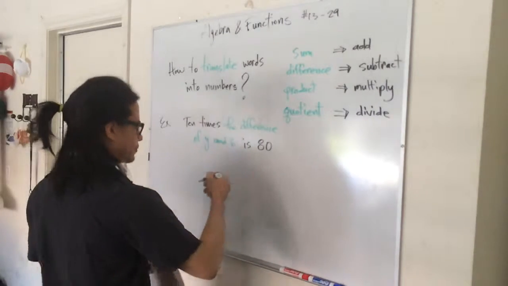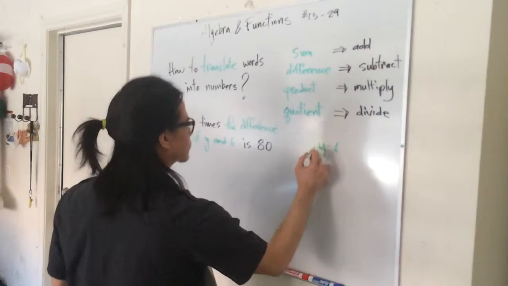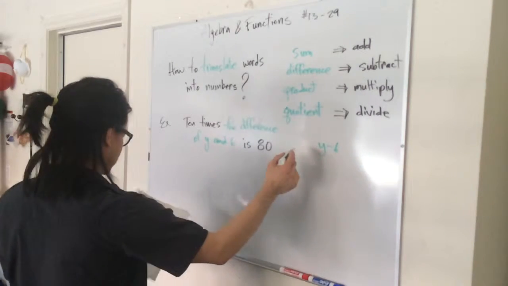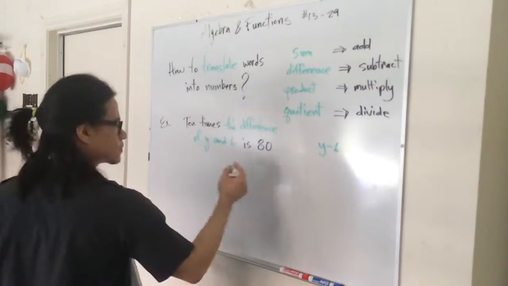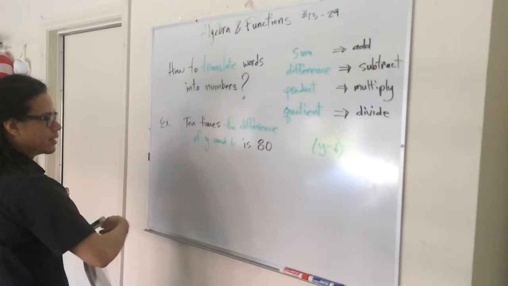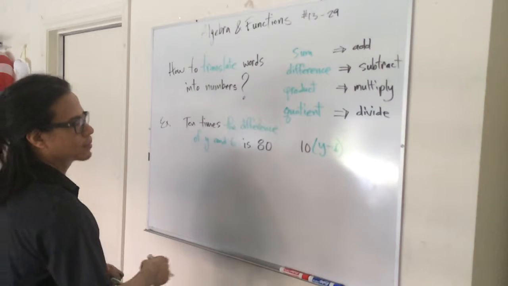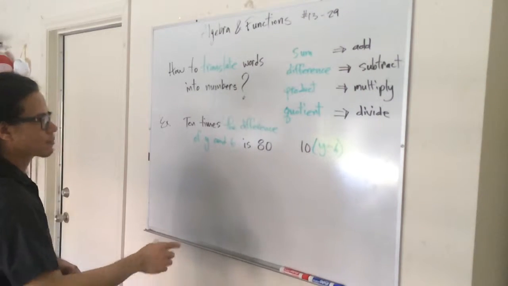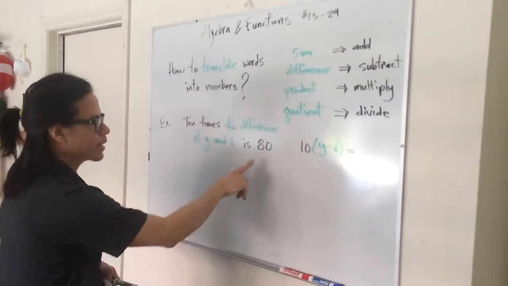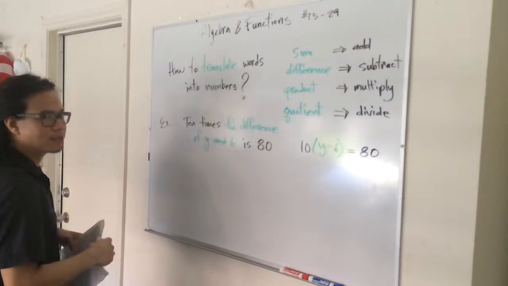Okay, y minus 6, 10 times that. 10 times the difference of y and 6 is equal to 80. Got it?